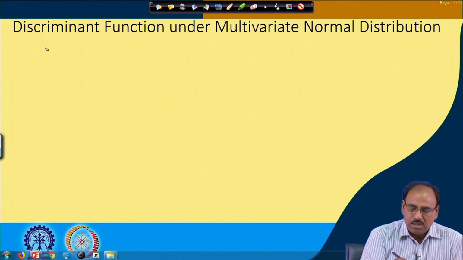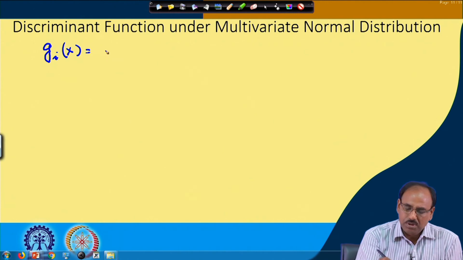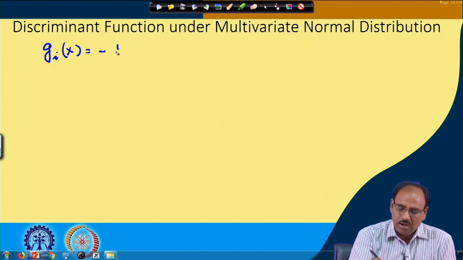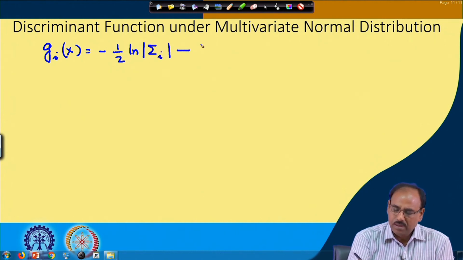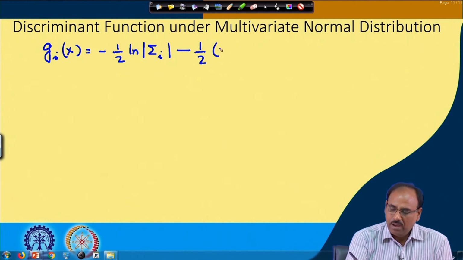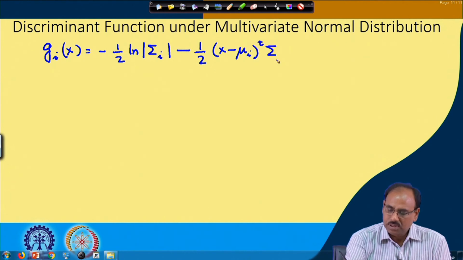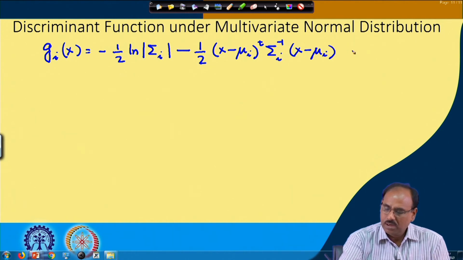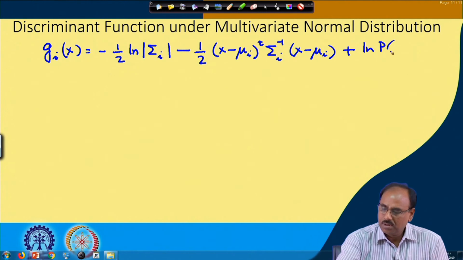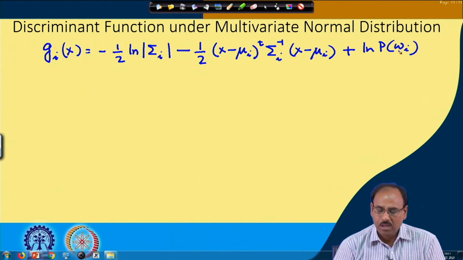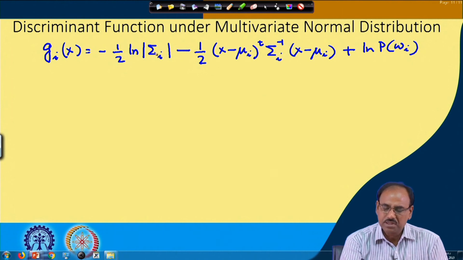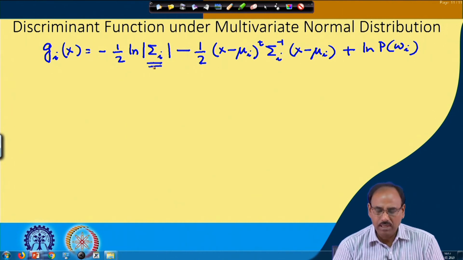So, let us see this. What I have is g_i(x) = -1/2 log|Σ_i| - 1/2 (x - μ_i)^T Σ_i^{-1} (x - μ_i) + log P(ω_i). Here I am assuming that this Σ_i, the covariance matrix, is the same for all the classes.